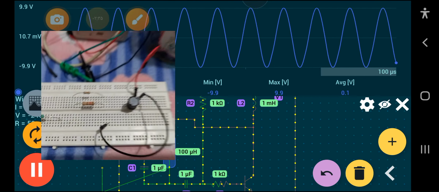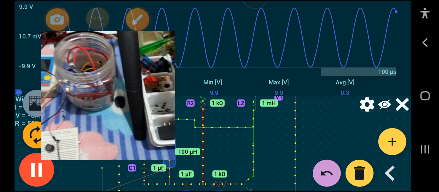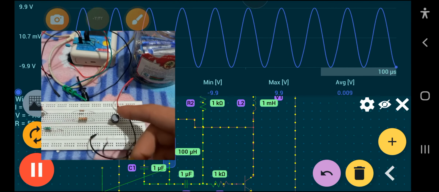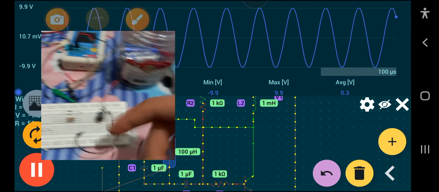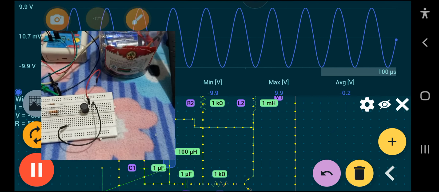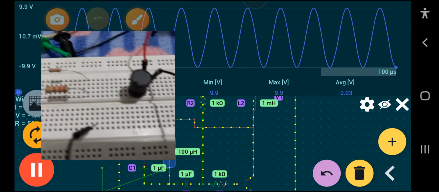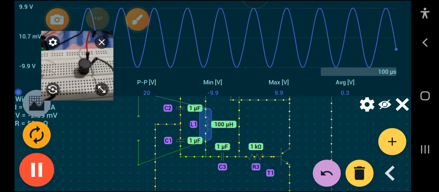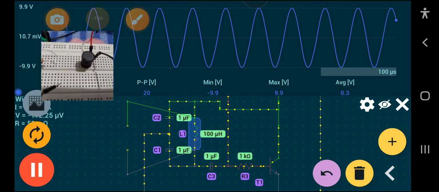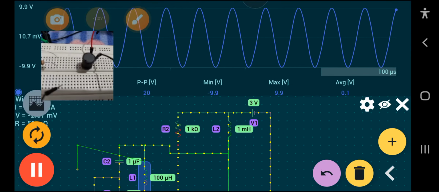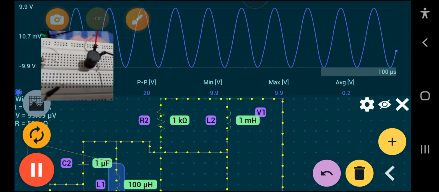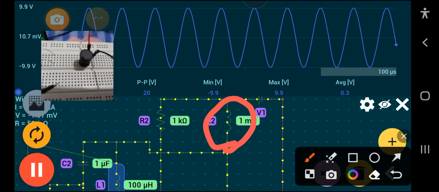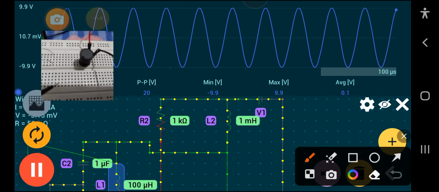We have an inductor like this inside of this, and let me show you this inductor in our circuit. That is nothing except this. As you can see, a 1 millihenry inductor.